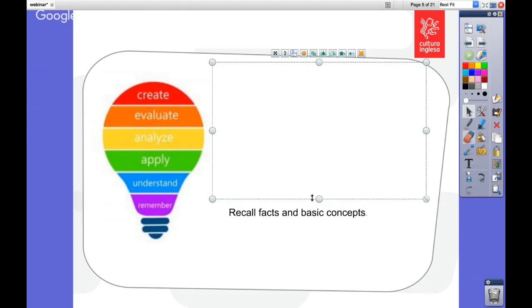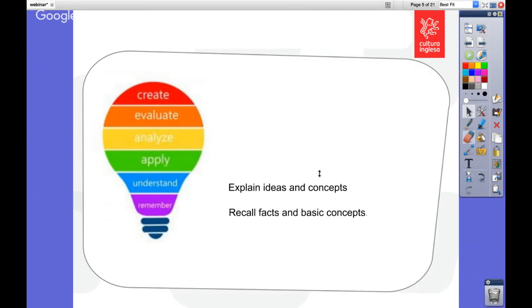If you go for the second, understand: explain ideas and concepts. By doing that, we are constructing meaning from different types of functions, functions students have recalled before on the previous level.